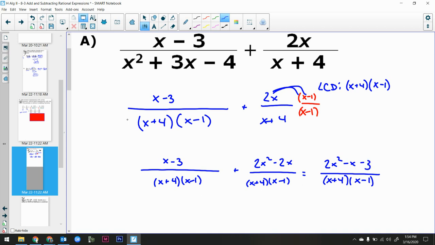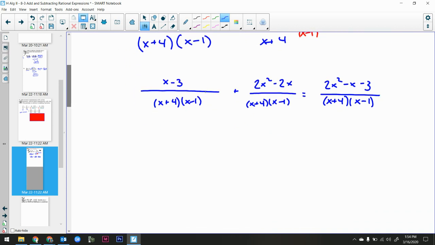Now, I would try to factor this down to see if anything factors here, because what if this polynomial sitting on top can factor and it's got an x plus 4 and x minus 1? It could cancel out in the end, right? So let's factor that down real quick. 2x squared minus x minus 3. Factors of negative 6 that get to negative 1: negative 3 and 2, right? So 2x squared minus 3x plus 2x minus 3.